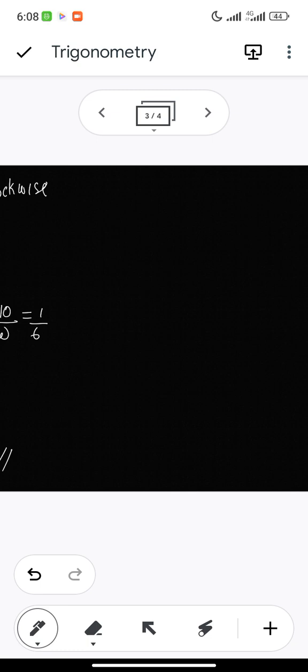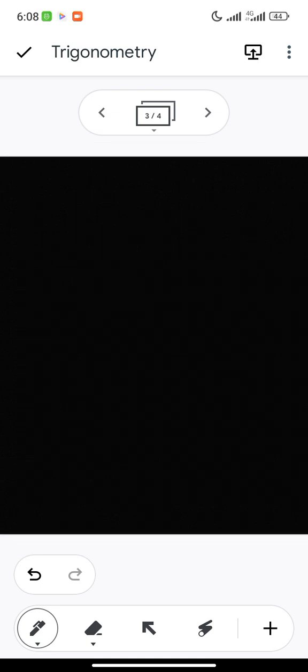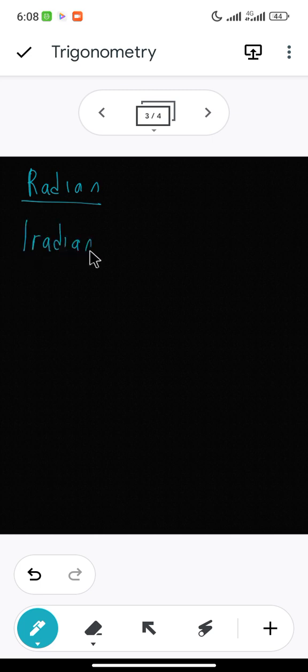So the first thing to note here is we're talking about radian now. The first thing to note is that 1 radian is equal to 180 degrees over pi. Yes, pi, as in, you know the value of pi.